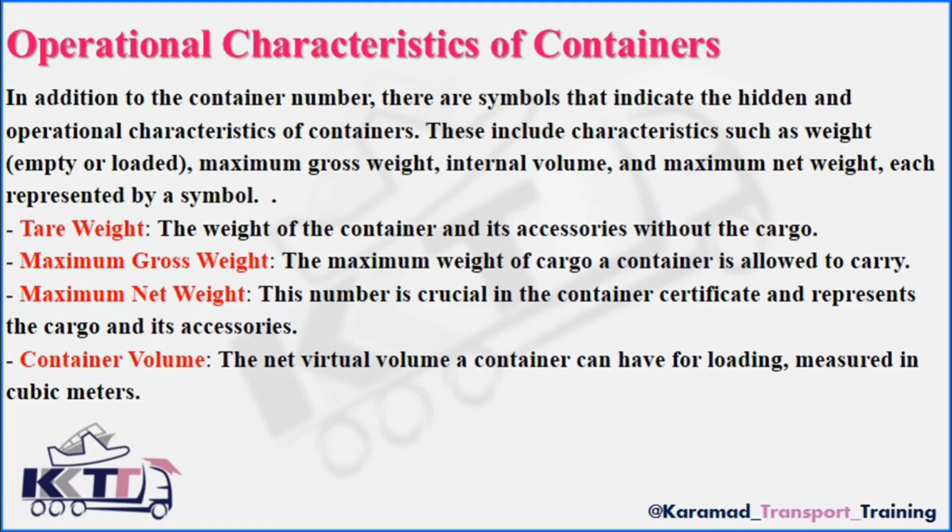This is often called the tare weight, meaning the weight of the container itself without any load. The maximum gross weight, which I explained earlier, is the maximum allowable weight for loading inside the container. The maximum net weight, as stated in the container's documentation, is also very important and indicates the cargo and the accessories used for transporting the cargo.